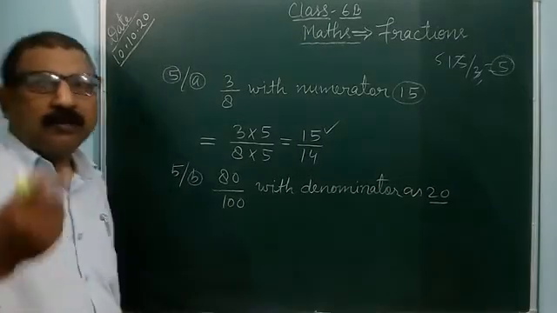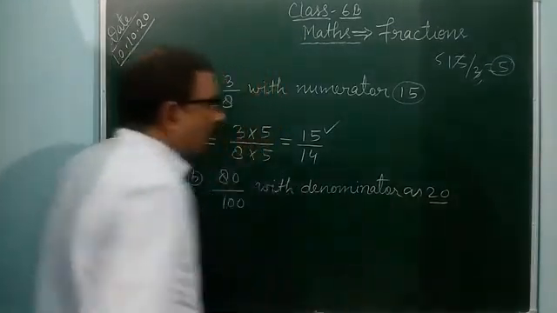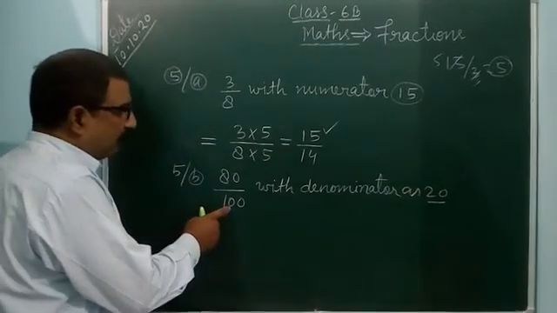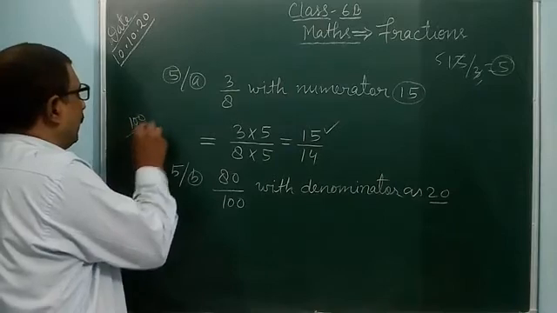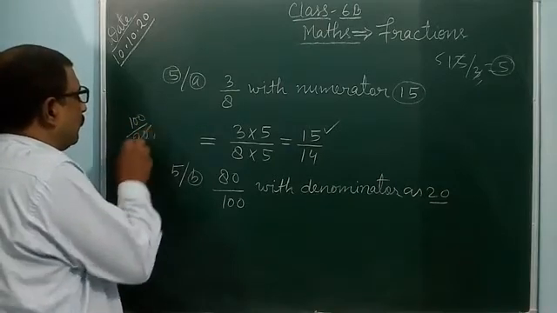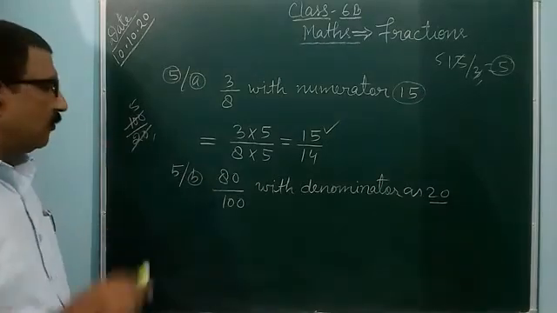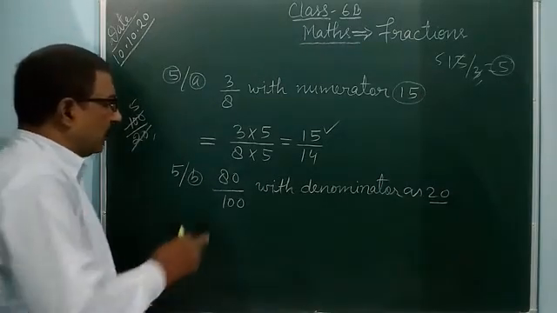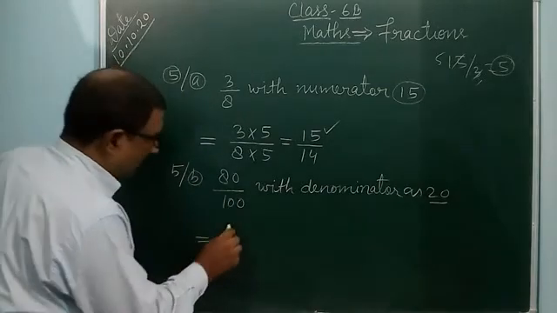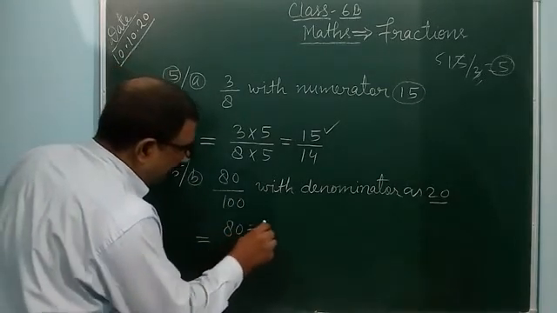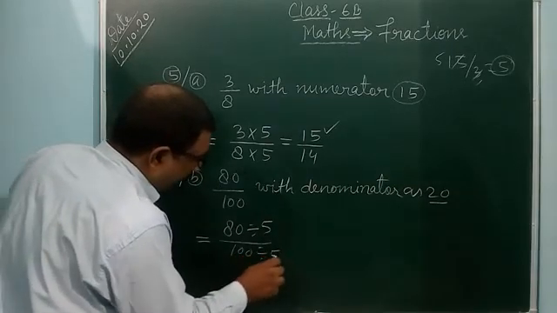So you convert 100 to 20. How? If you divide 100 by 20, 20 5s are 100, it is 5. So you also divide 80 by 100 by 5. So 80 divide by 5 and 100 divide by 5.